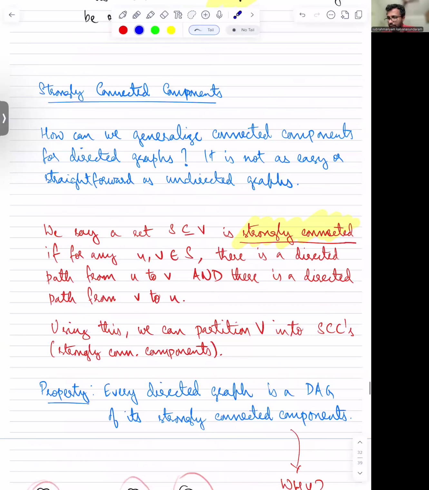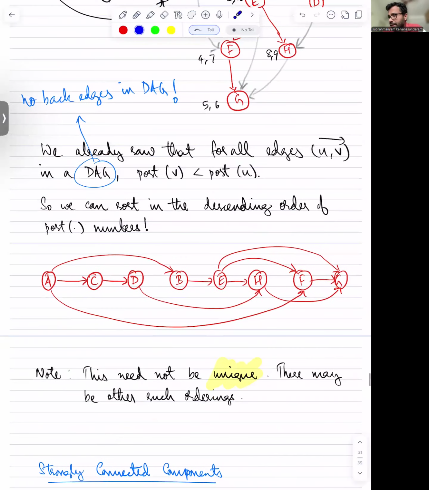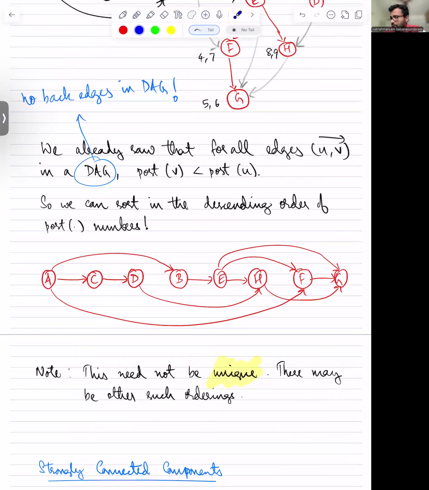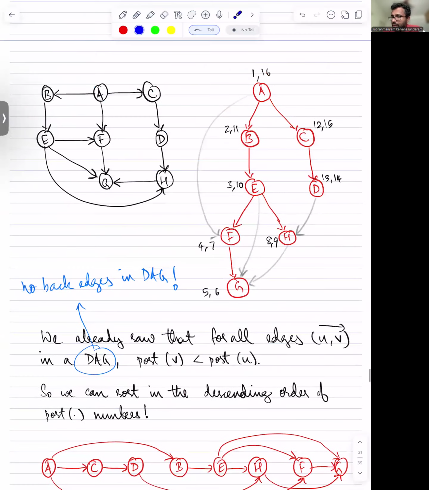And whenever you have a directed graph, you may have source and sink vertices. Even here, I think A is a source vertex. F is neither, B is neither, G is a sink vertex, H is neither. Basically A is the only source, and I think G is the only sink here.